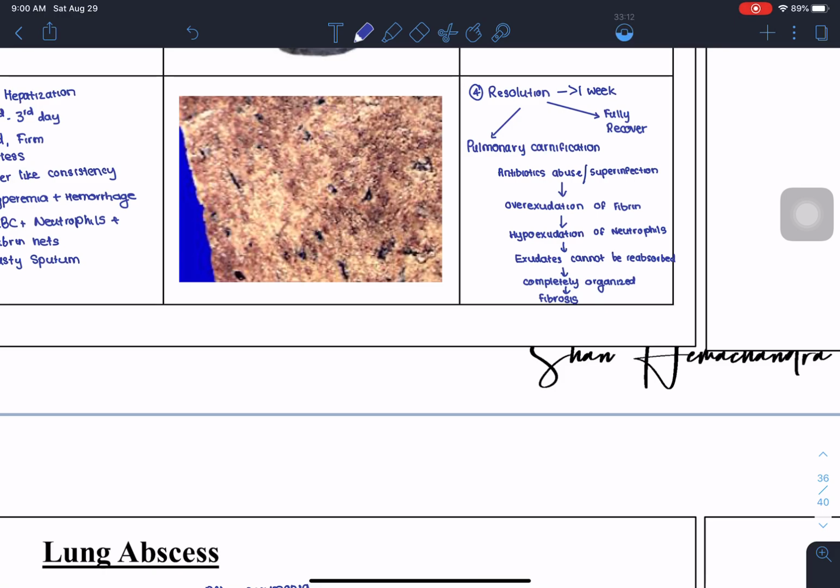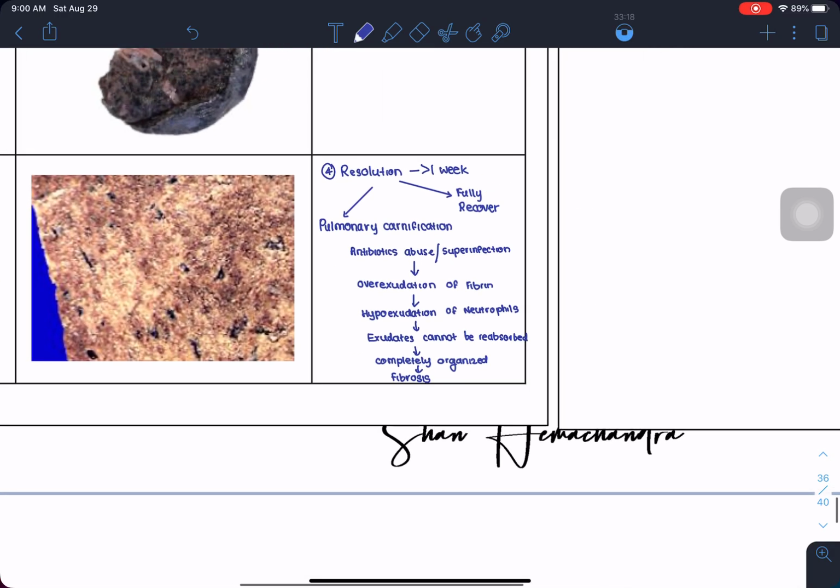It can either fully recover, or if, let's say, you are unable to get rid of the infection due to antibiotics abuse. This is a big thing. If you do not take your antibiotics properly, let's say the doctor gives you the antibiotics for a week and you take it for 2 days because your symptoms have gone, then the infection can start again.